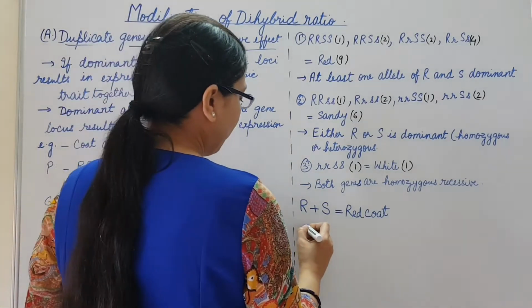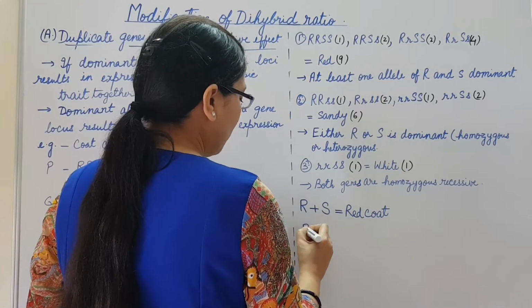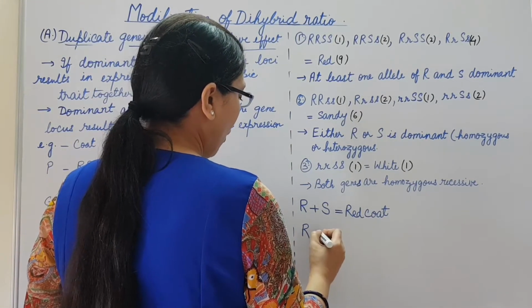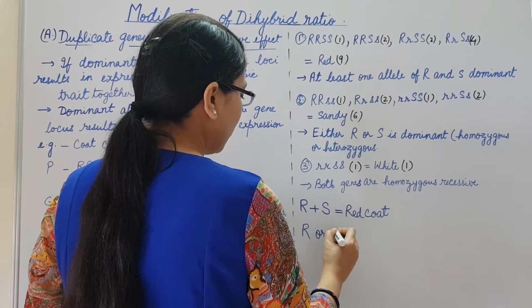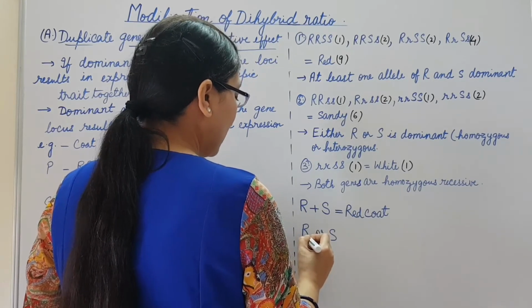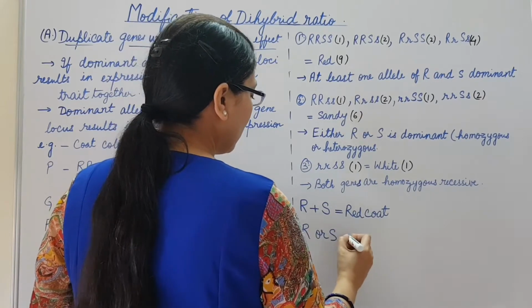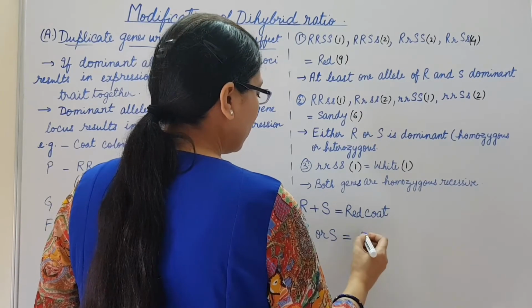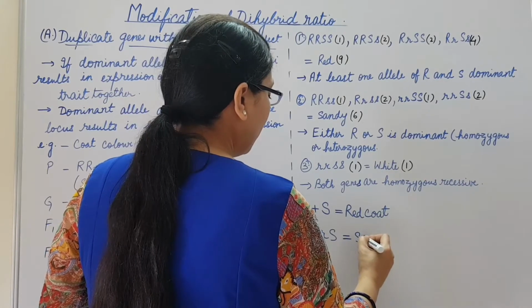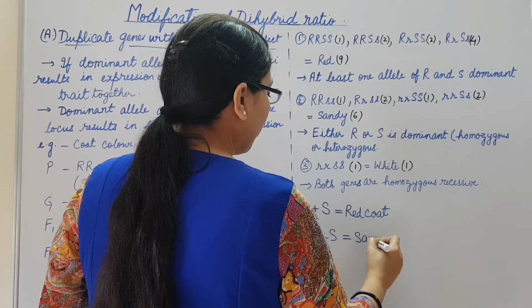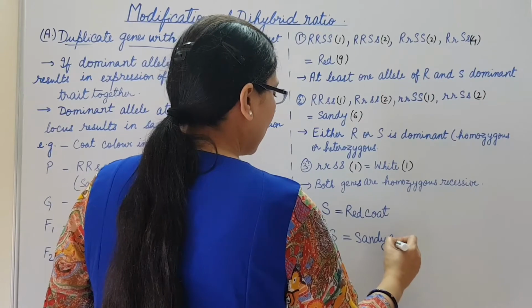But if either the dominant R allele or the dominant S allele is present in the homozygous or heterozygous condition, then the offspring has the sandy coat color.